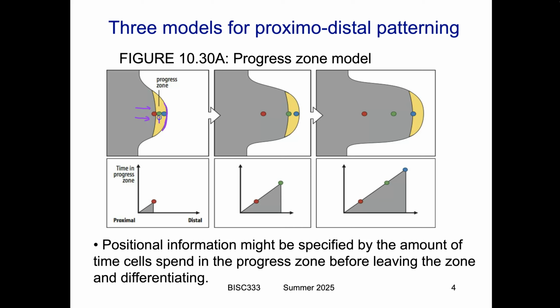If you have the signal over a few hours, you have another set of gene expressions that come up. And then if you have like 12 hours of it or something like that, then you have a different fate as well. So there's different ways of thinking about this, but if you were going to tie it down, it would basically be the more time that is spent in the progress zone, the more distal the structures.